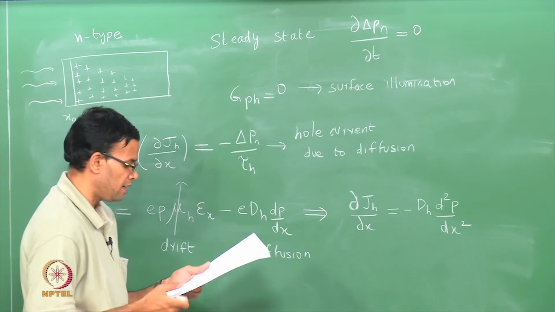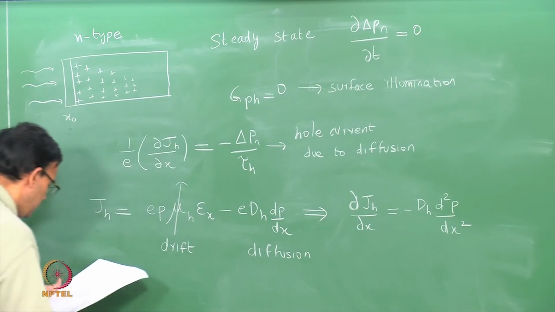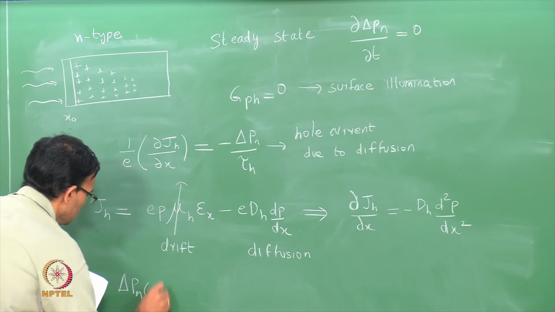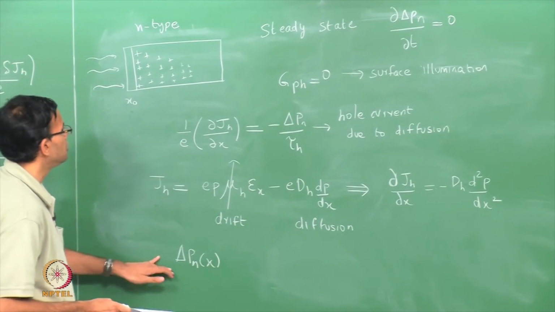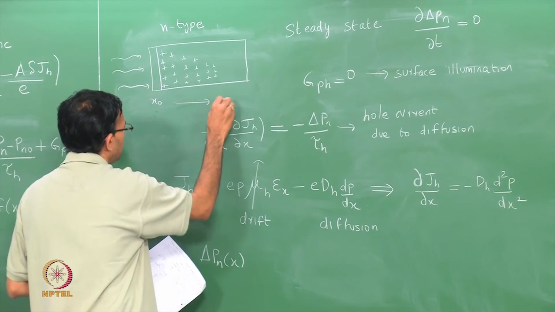So, in this particular case, for weak illumination, we can write an equation for the change in the concentration of holes as we go along this length. So, let me just mark this to be x.